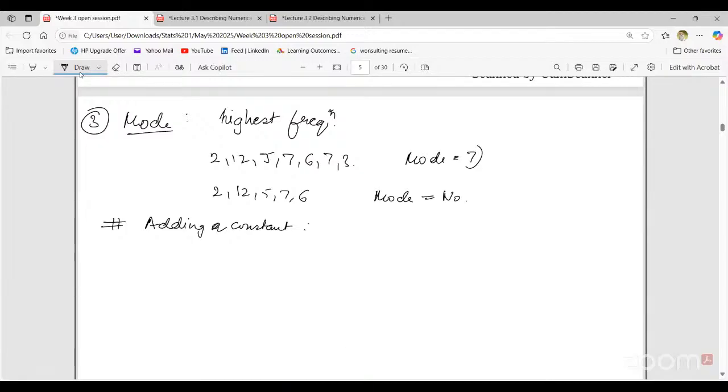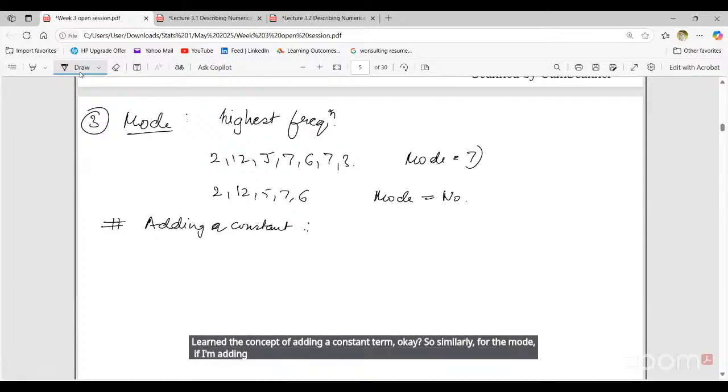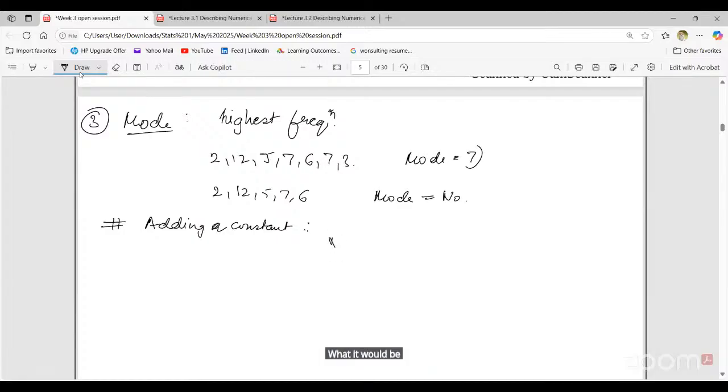Now, in the mean and median, we learned the concept of adding a constant term. Similarly for the mode, if I'm adding a constant, my new mode would be the old mode plus the constant term.